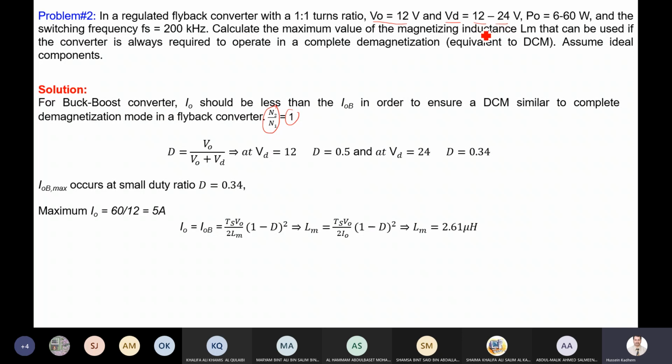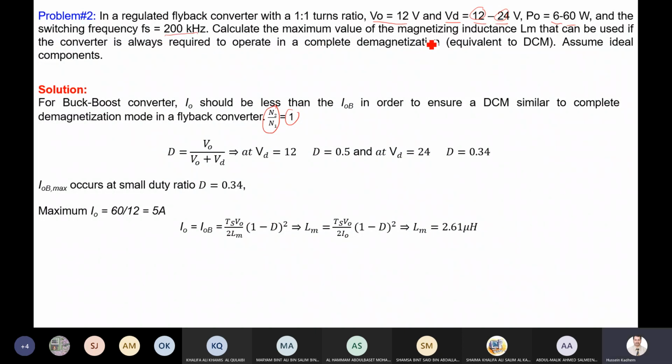Directly when he gave me a range, as I discussed before in DC-DC converters, we need to consider two values for D, one for 12 and one for 24. The same thing for output power: he gave me 6 to 16. And the switching frequency is 200 kilohertz.